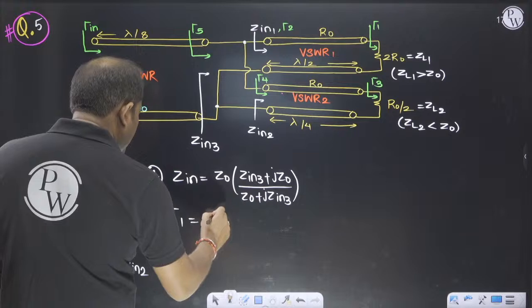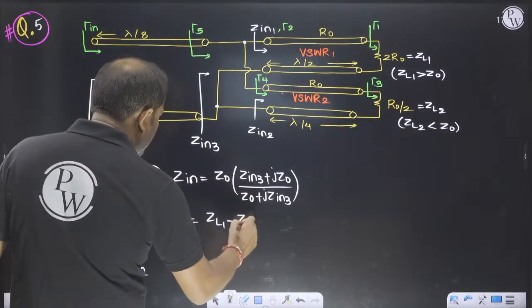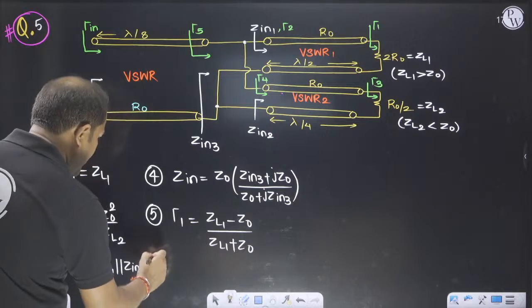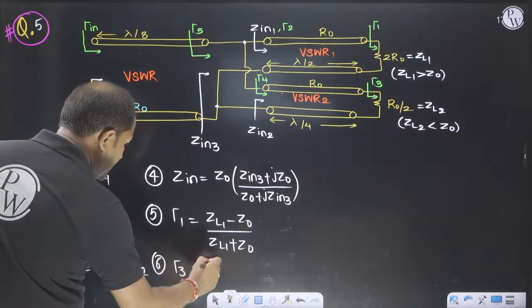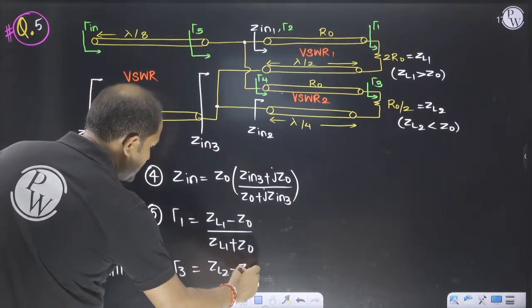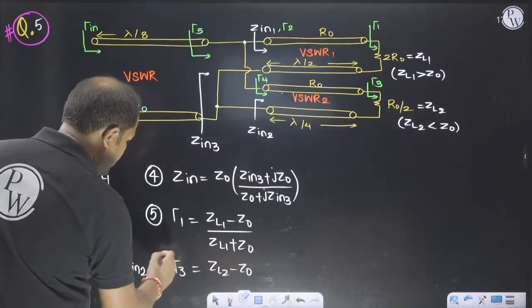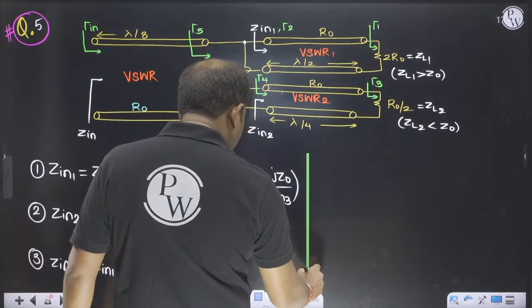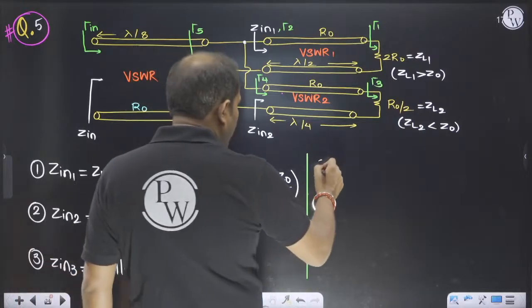Then fifth, I have used the formula for gamma 1. Gamma 1 is nothing but (ZL1 minus Z0) divided by (ZL1 plus Z0). Then we have gamma 3, which is (ZL2 minus Z0) divided by (ZL2 plus Z0).